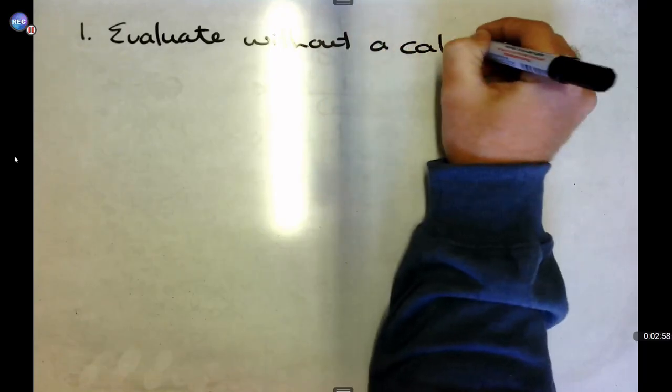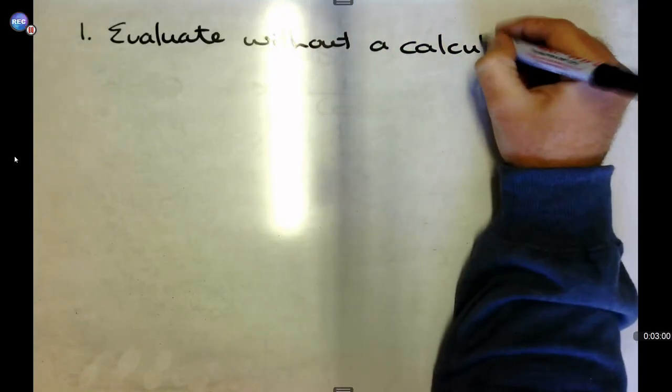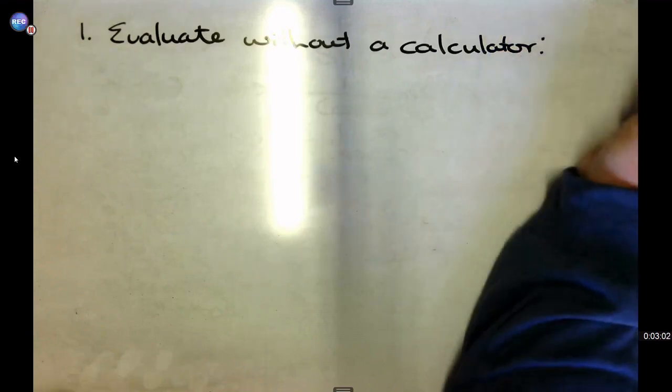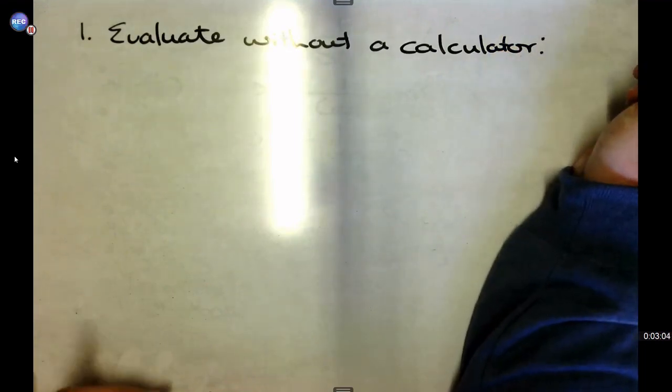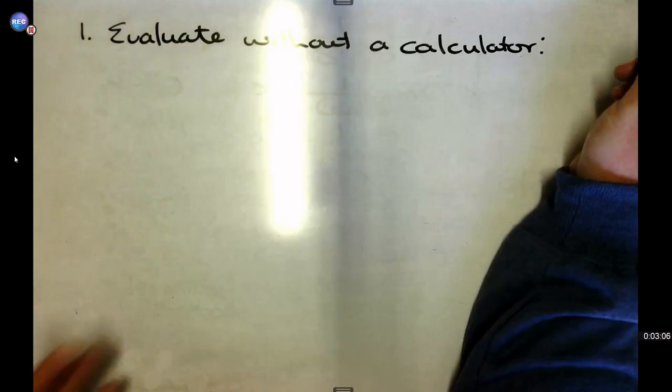Now, the first thing that you need to pick up and understand is that you need to know your special angles. Okay? With regards to that, I've got a table here that I'll quickly put on for you, that has all the special angles on it already.